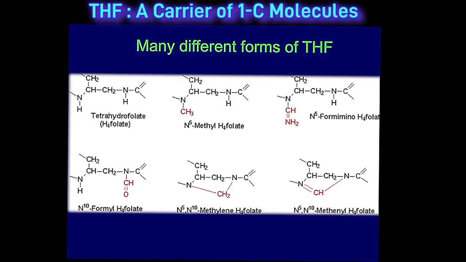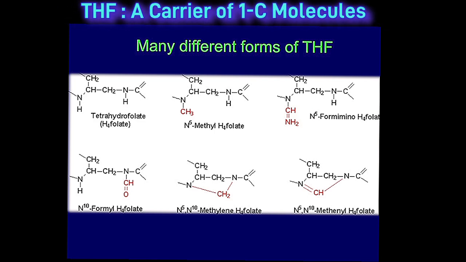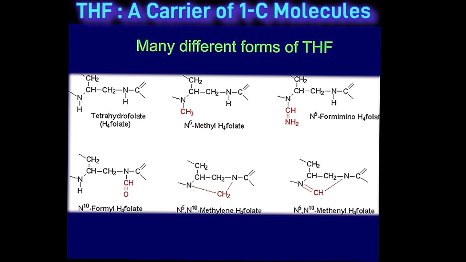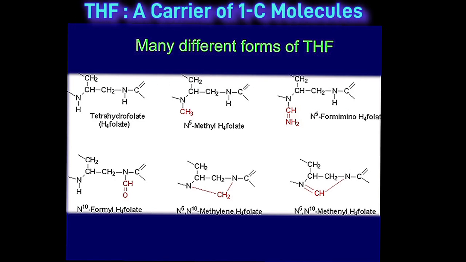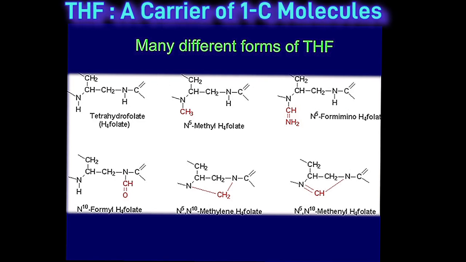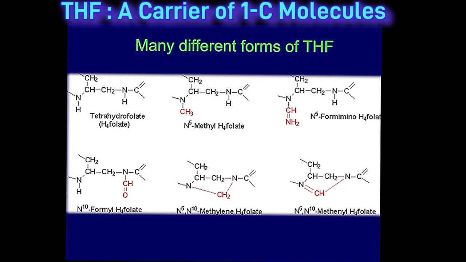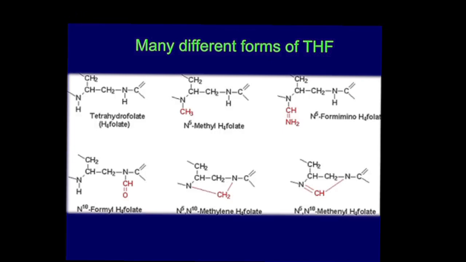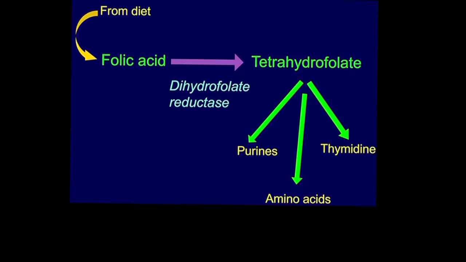There are at least 6 or 7 different forms of one carbons that can be carried by tetrahydrofolate. So in that sense, tetrahydrofolate becomes the donor or acceptor of these one carbons. Okay? That's its function.